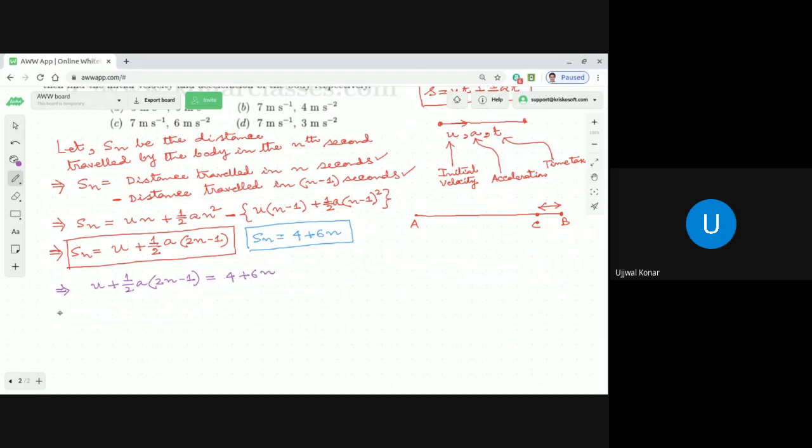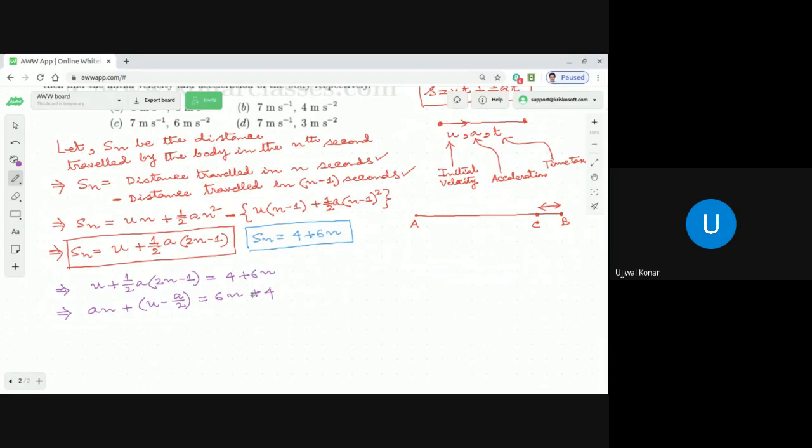So from here, we'll bring n together. What we get? A into n, and then the constant term is u minus a by 2, and that is equal to 6 into n plus 4.